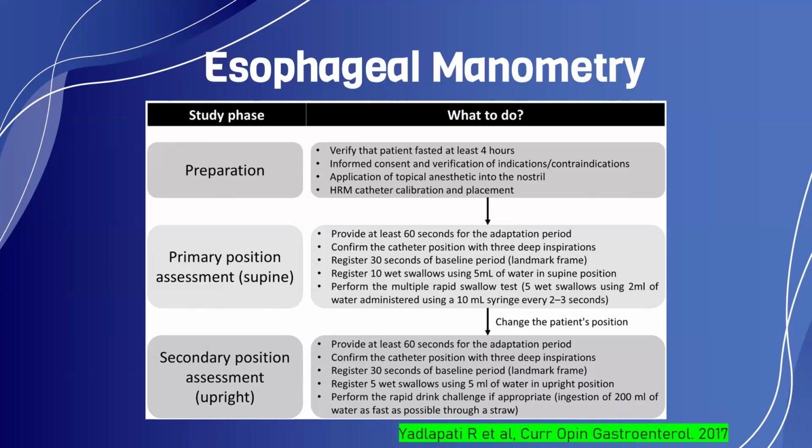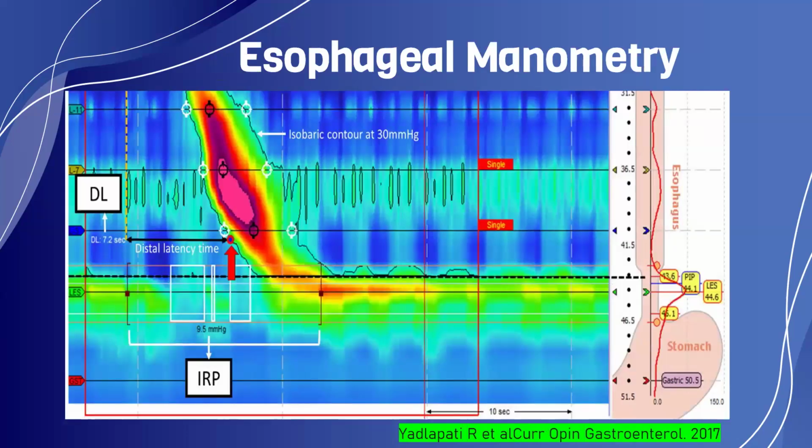So for a normal esophageal manometry, the high resolution esophageal manometry is displayed as a pressure topographic plot, as we can see over here. The horizontal axis represents time, and the vertical axis represents the length of the esophagus, with the upper esophageal sphincter at the top, the esophageal body in the middle, and the lower esophageal sphincter or the GE junction at the bottom.